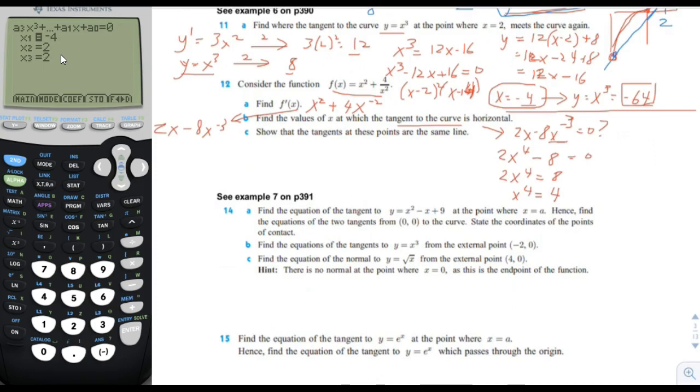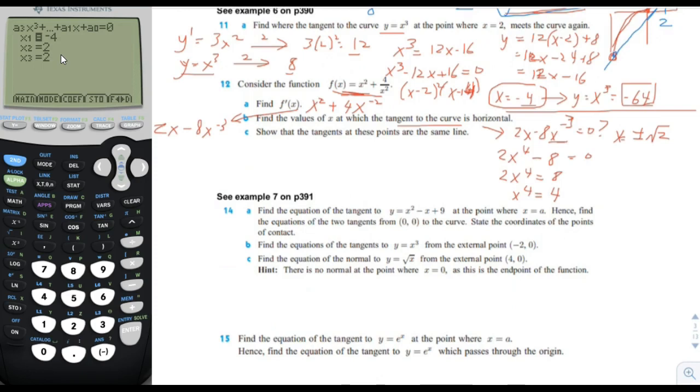So what do we multiply times together? 4 times to get 4. Plus or minus square root of 2. Okay, so that is the solution to when is the slope, or when is the gradient of this function horizontal? X equals plus or minus 2.